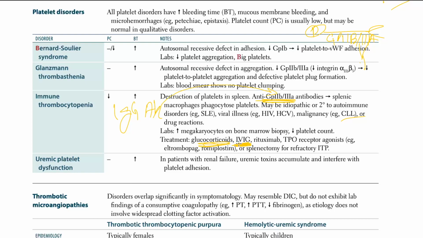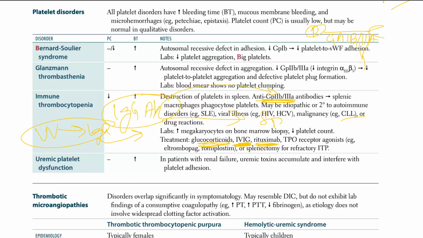So when you give IgGs, IV, the spleen takes up these IgGs, and the platelets don't go much to the spleen. That's sort of a mechanism there.